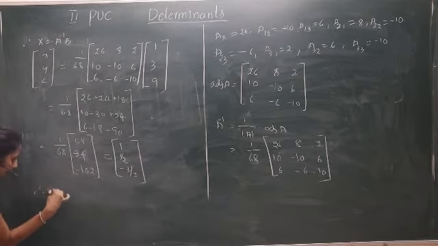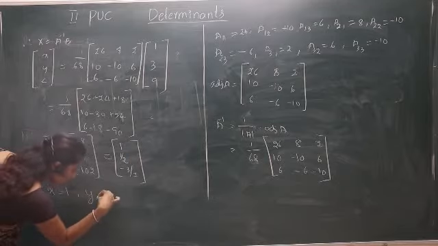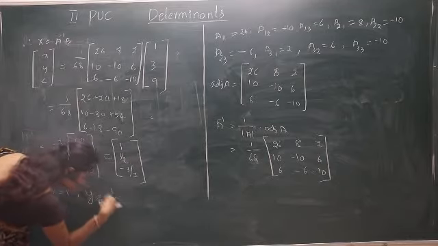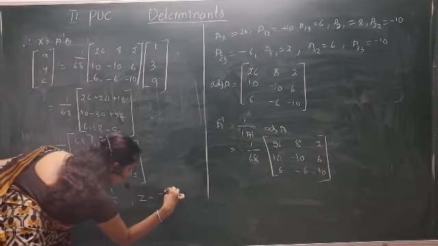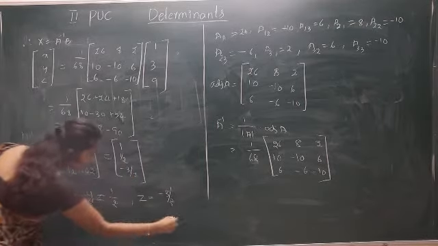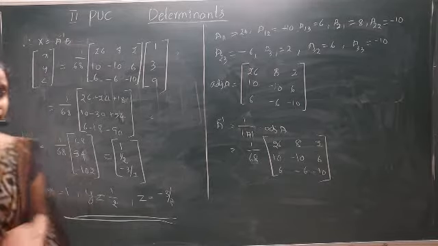Therefore, x is equal to 1, y is equal to half, and z is equal to minus 3 by 2. So this is the answer for that question.